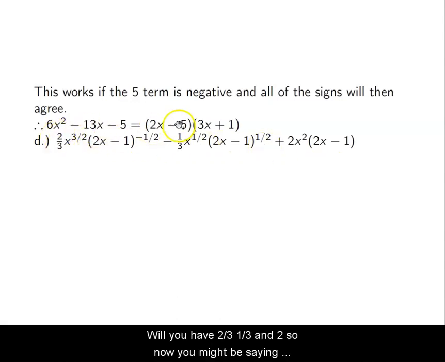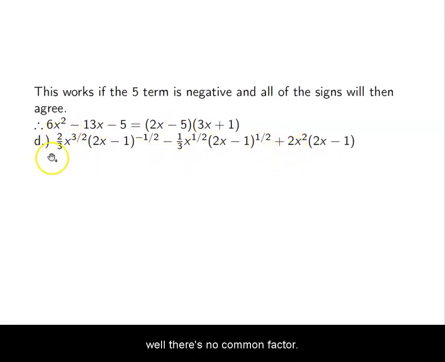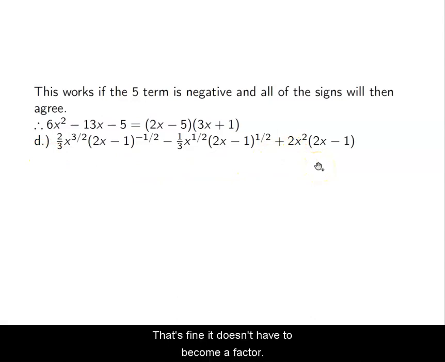Well, you have 2/3, 1/3, and 2. So now you might be saying, well, there's no common factor here. That's fine. There doesn't have to be a common factor. We're going to pull out a common factor that's going to work for us. We're going to pull out the fractional part. We're going to pull out the lower fractional part, the 1/3, not the 2/3, because that will mess up this one. We're going to pull out a factor of 1/3.